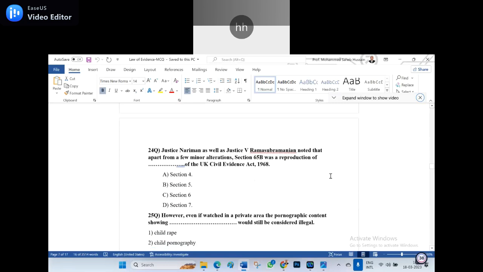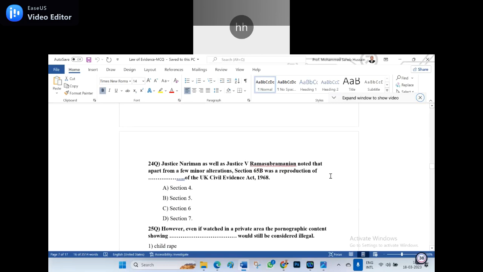Now the 24th question. Justice Nariman as well as Justice V. Ramasubramanian noted that apart from a few minor alterations, Section 65B was a reproduction of the UK Civil Evidence Act of 1968. Which section of the UK Civil Evidence Act of 1968? Option A, Section 4. Option B, Section 5. Option C, Section 6. Option D, Section 7.